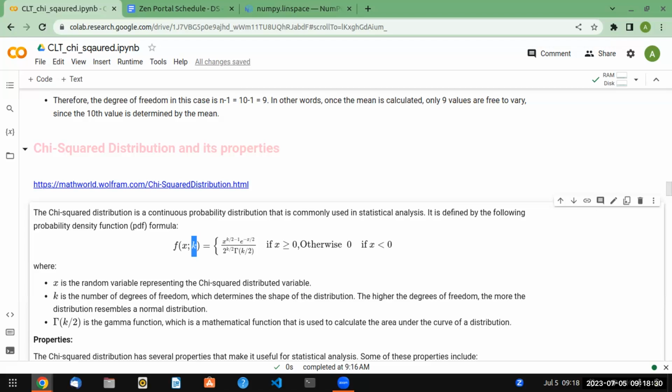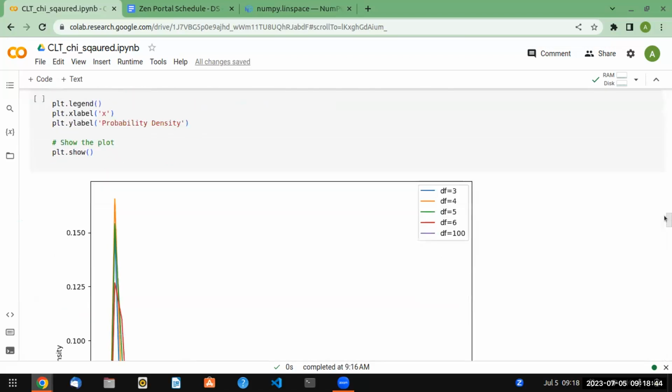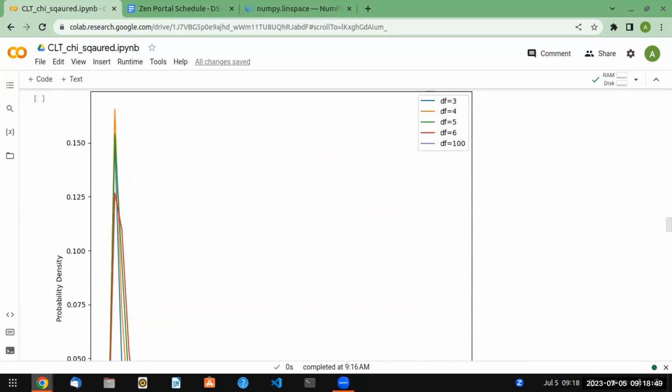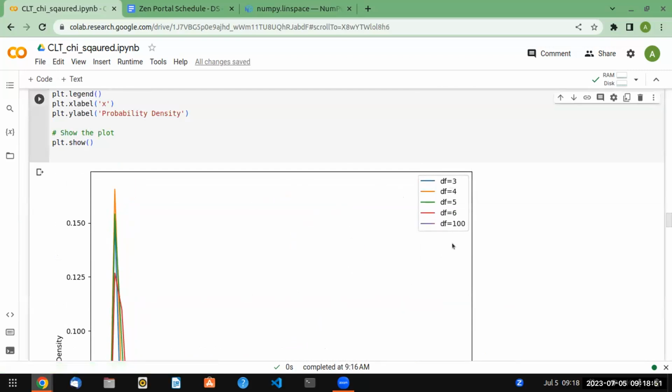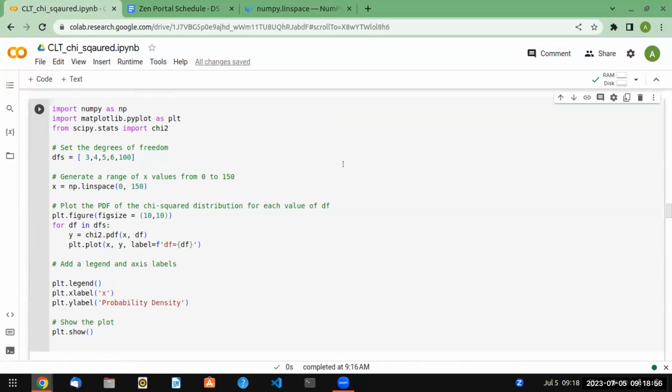Along with changing x to x1, x2, x3, we need to change the degree of freedom. Only then can we verify that with an increasing degree of freedom it follows a normal distribution. The degree of freedom for this graph is 100. So apart from x1, x2, we'll change the degree of freedom. To keep the degrees of freedom, I made a list with 3, 4, 5, 6, and 100.